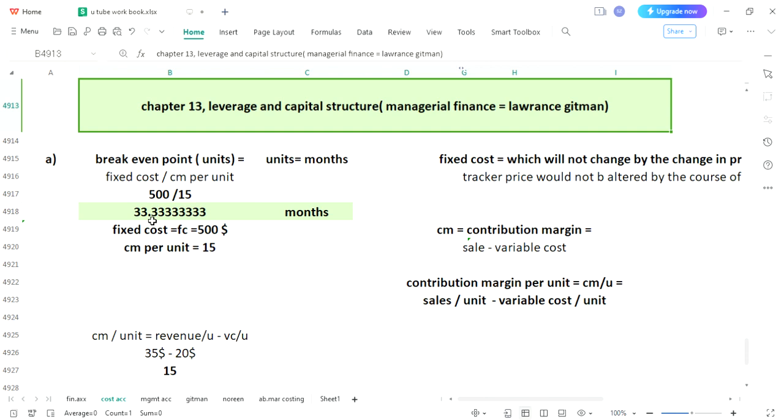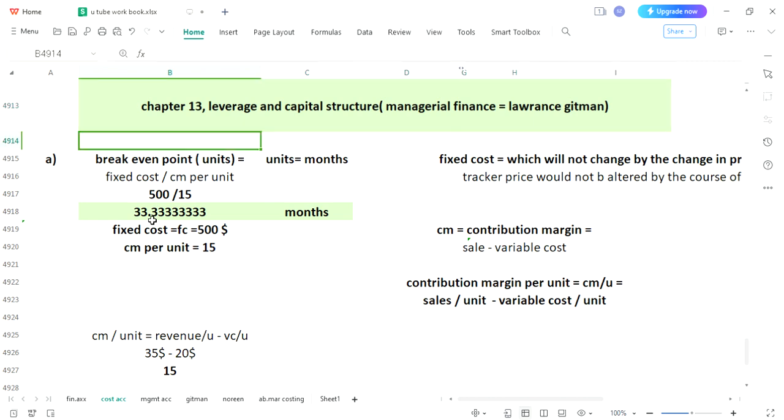He had invested $500. After 33.33 months, this cost would be recovered. It means all benefit is at zero level, no profit, no loss. But if he will drive his car or if he will use this device more than 33.3 months, that would be his saving, that would be his profit.